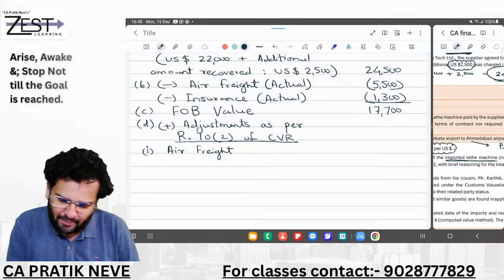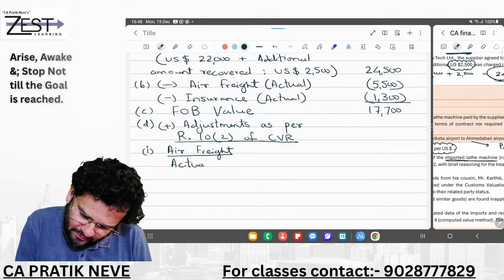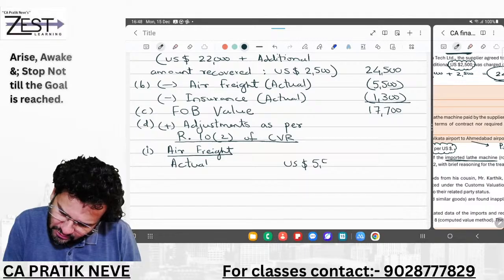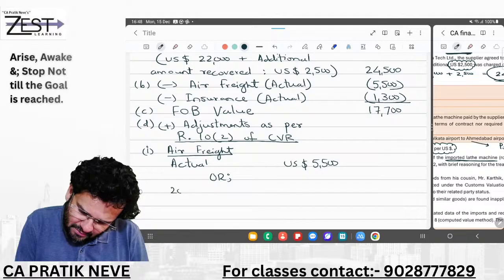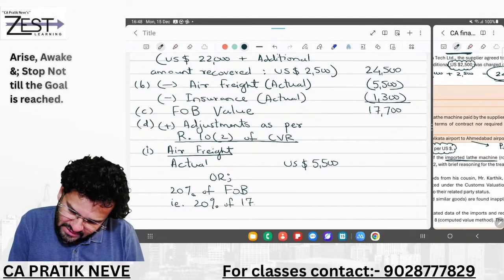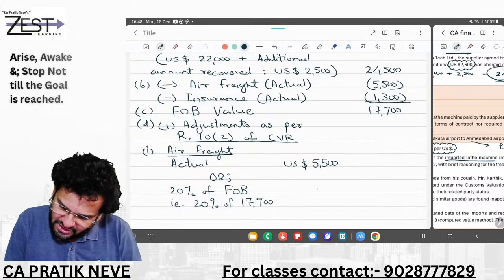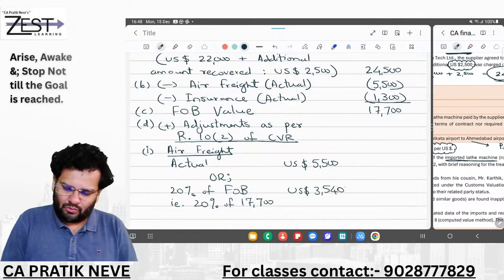So that's why, air freight, I'm taking actual, which is dollars 5,500, or 20% of FOB, that is 20% of 17,700, which is US dollars 3,540.